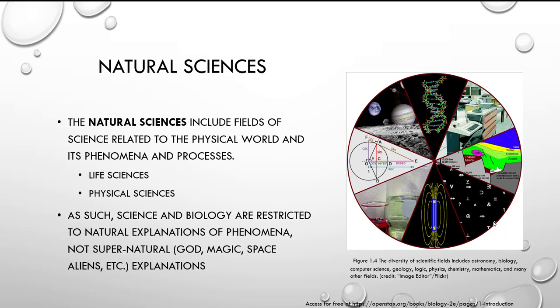We can't talk about the existence of God because we can't prove or disprove that through science. We simply can't tell you if there's a God or not, because science can't provide data to support or reject that.